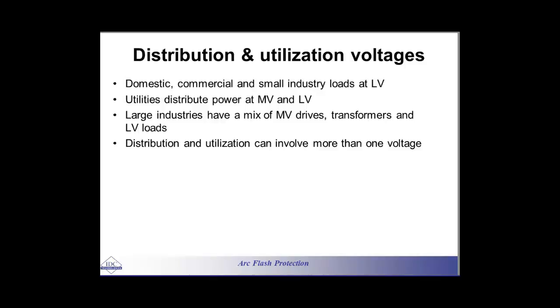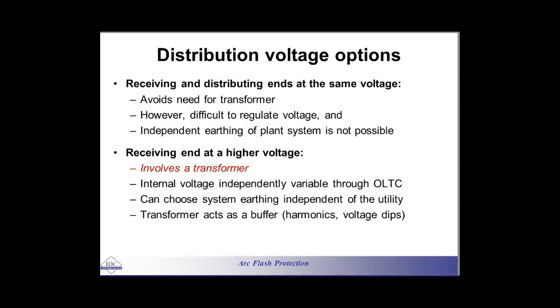So these kinds of businesses normally have their own distribution transformers. Large industries have a mix of MV and LV loads, transformers, and drives. Therefore, distribution and utilization can involve more than one voltage, especially as the business becomes larger and larger.